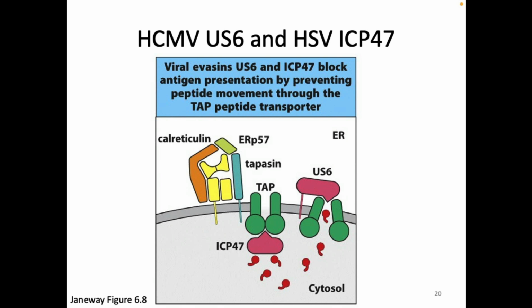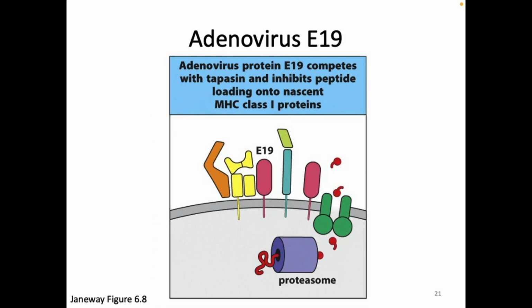To give you another fun example, there is a virus called adenovirus E19. Adenovirus E19 makes a protein that binds to class 1 and separates it from its chaperone. And so now the peptides can come into the ER, but MHC class 1 isn't nearby, so it isn't necessarily going to get those peptides.